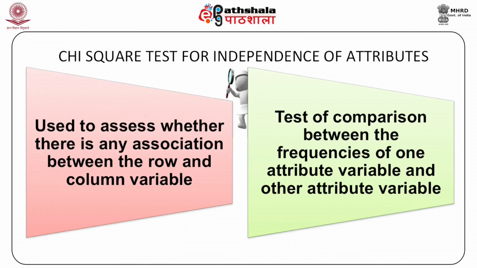The test is used to assess whether there is any association between the row and column variable, that is, it is the test of comparison between the frequencies of one attribute variable and other attribute variable.